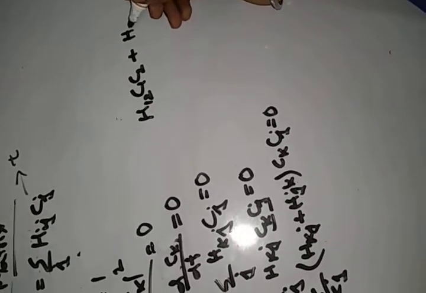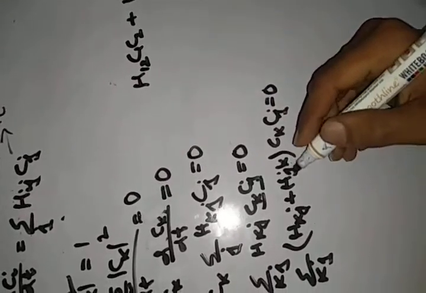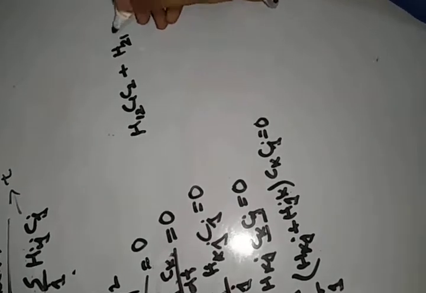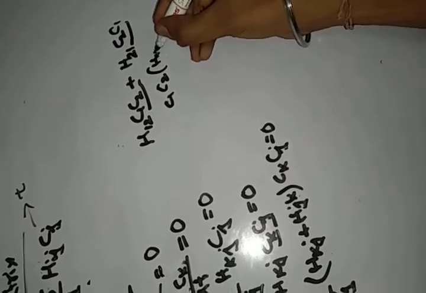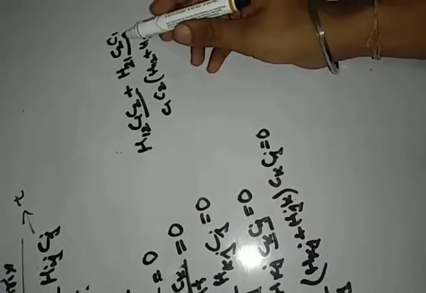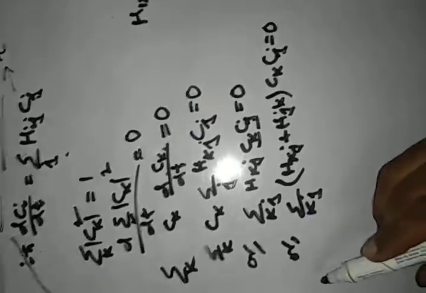Now if we write in this form, h21, this thing will come c2 c1, then c1 c2 is the common term, and we have h12 plus h21. Okay, so for every i and every j we have such a pair of terms, so we can write in this form.